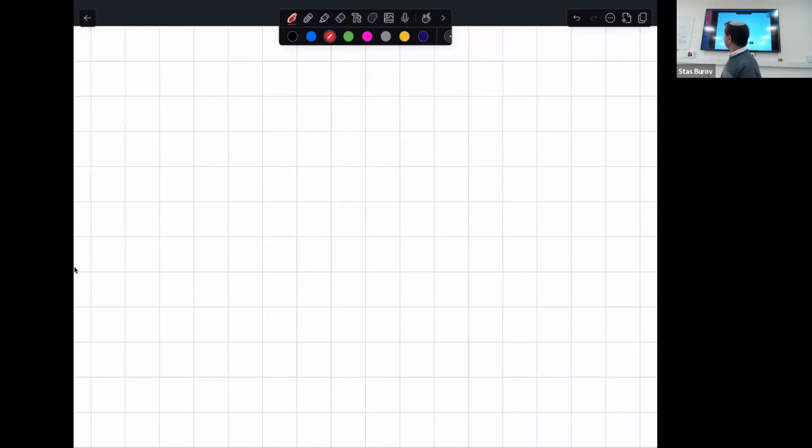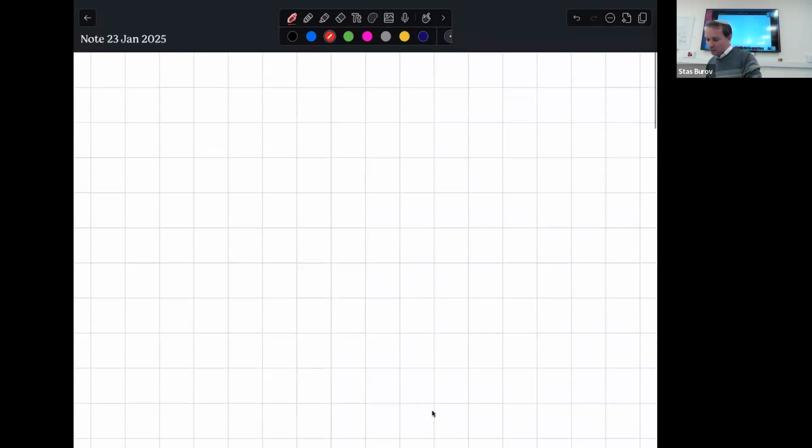Let's do this downwards. Okay, and I will shift it somewhere. I have limited space. I tried to find a normal classroom, but everything was occupied during those hours, between 9 and 12. Sorry about that.